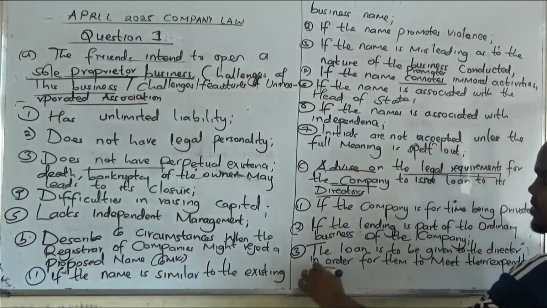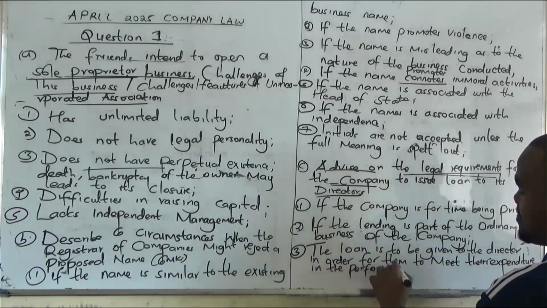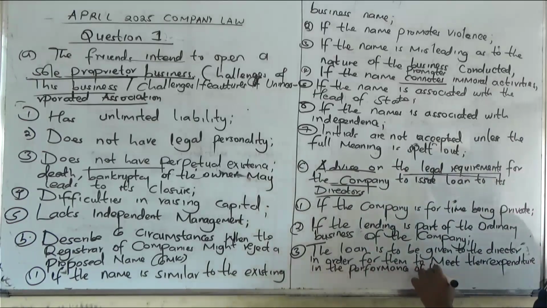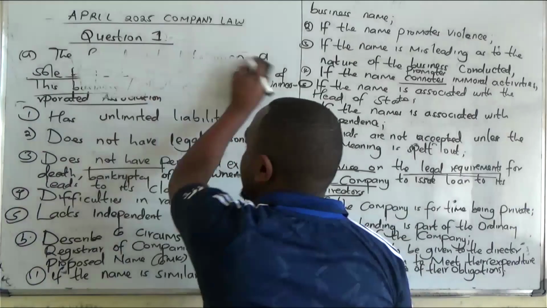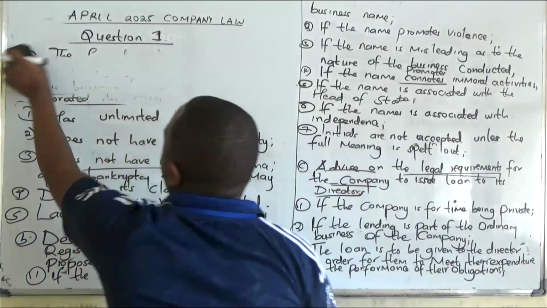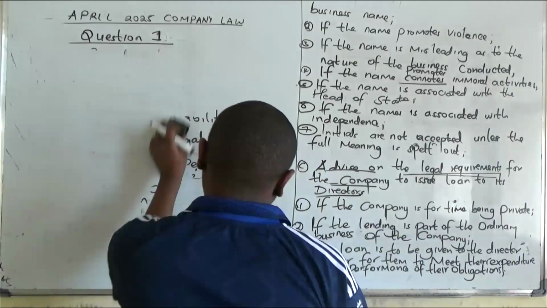In the performance of their obligations. The loan is given to the directors to do what?